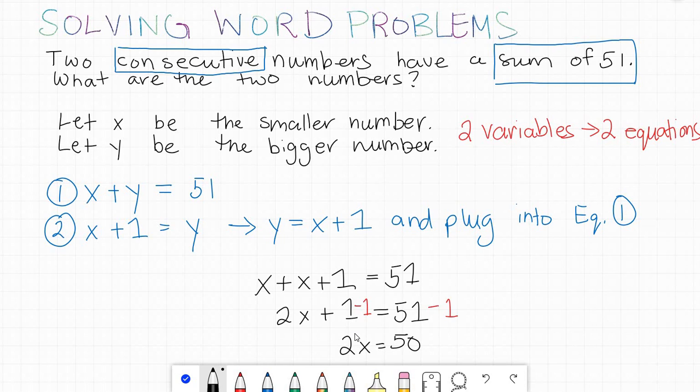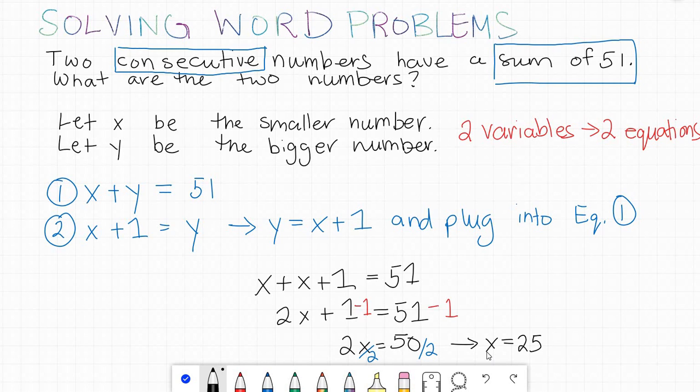So to undo a multiplication, I'm going to divide. And so I'm going to divide each side here by 2. And that'll get rid of the 2 on the left-hand side, and I will be left with 50 divided by 2 on the right-hand side. So that gives me x is equal to 25.